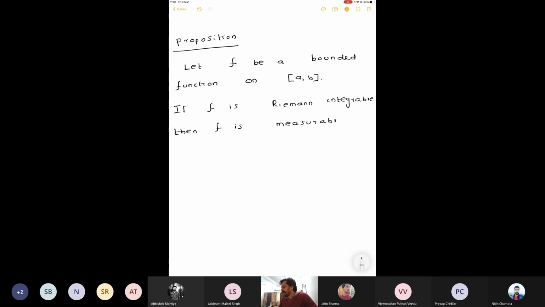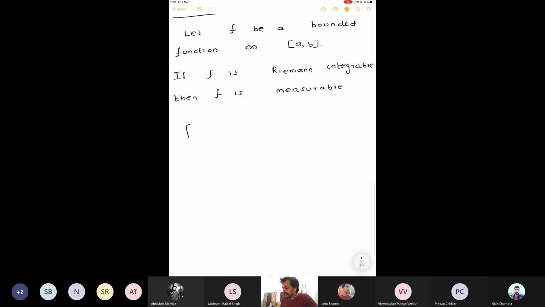Once it is measurable, it is bounded, and it is on a measurable set with finite measure, so you can also talk about the level 1 Lebesgue integral. And the result says that the integral from a to b of f(x) dx, the usual Riemann integral, coincides with the integral over the set [a, b] of f dm, the Lebesgue integral. So on the left side you have a Riemann integration and on the right side the Lebesgue integration. Both will coincide.